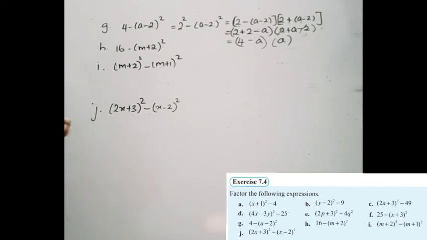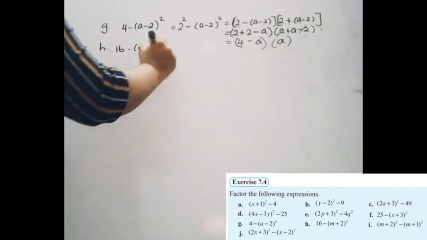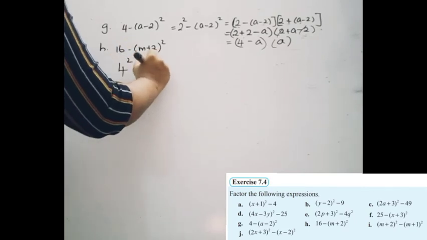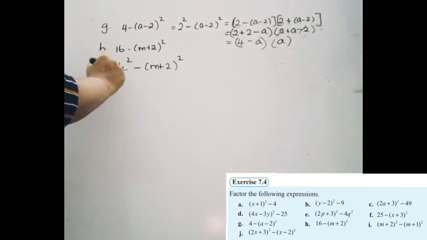Okay, let's move on to the next example, which is 16 minus m plus 2 whole thing square. So I'll write this question later. 16 can be written as 4 square minus m plus 2 whole thing square. Right?